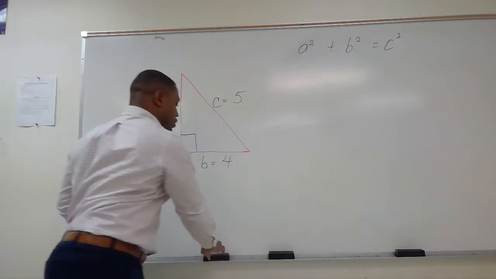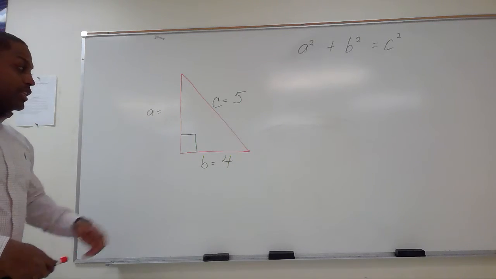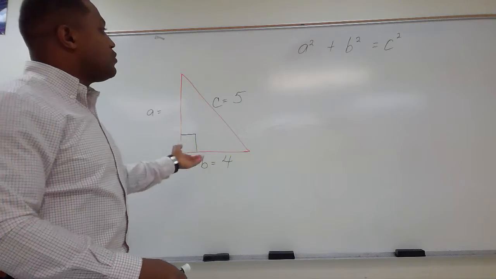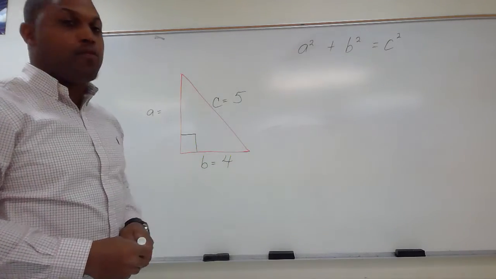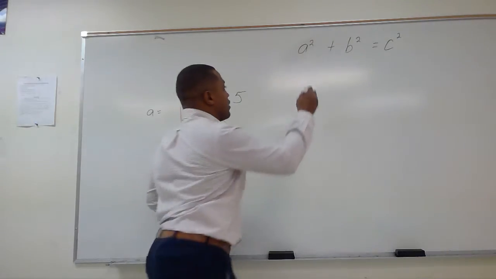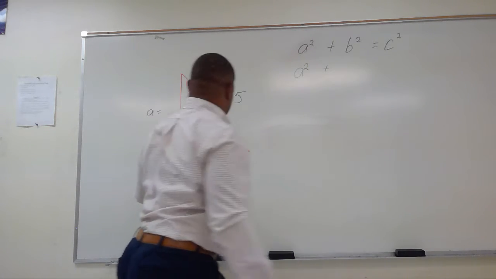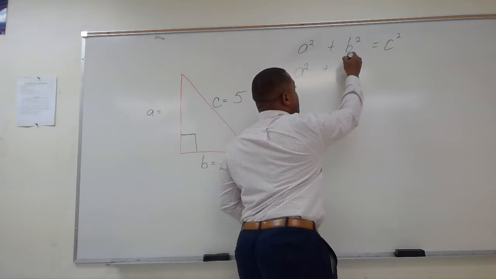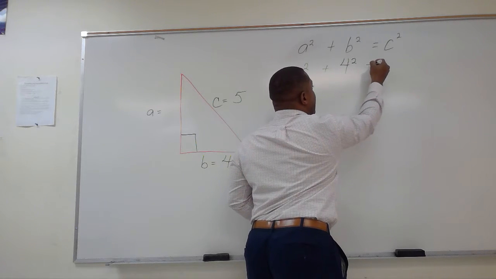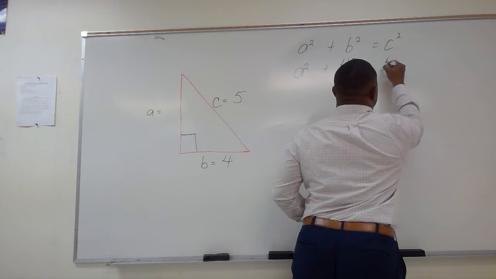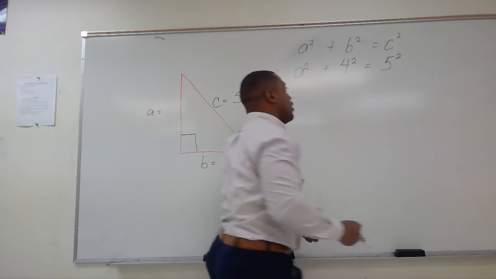And if we were starting all over, and substitute what we do have into the formula, then it would be A squared, we do not know. B is 4, so that's B squared. And then C, okay, is 5, so that would be C squared.